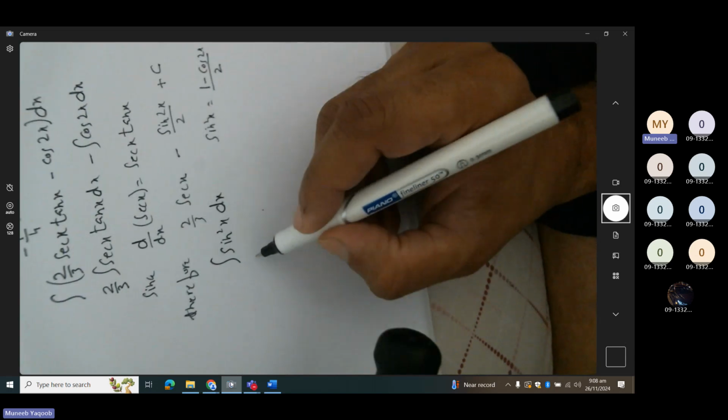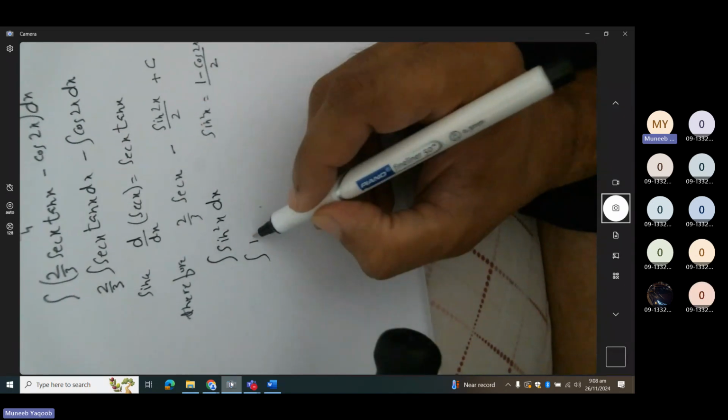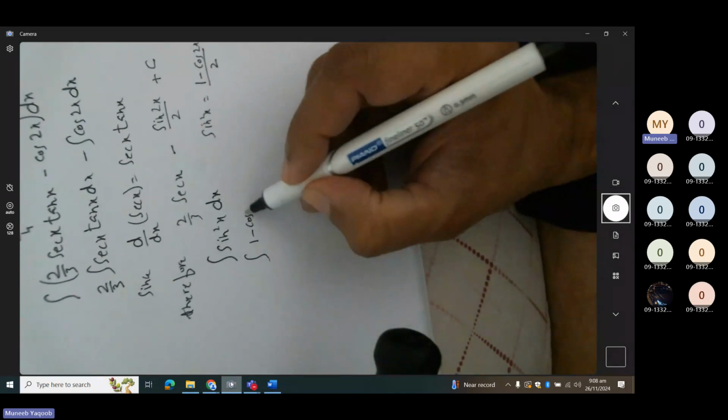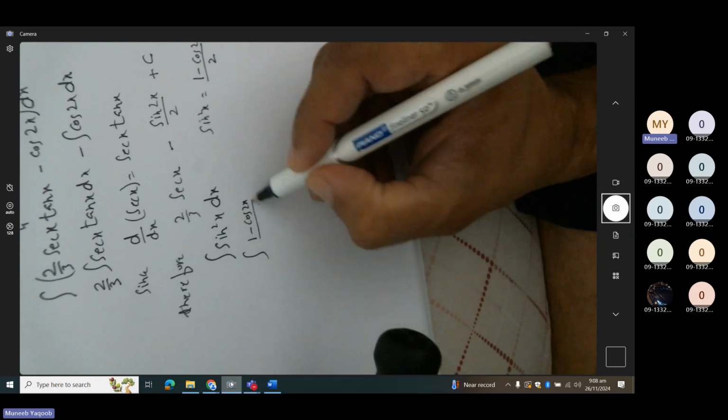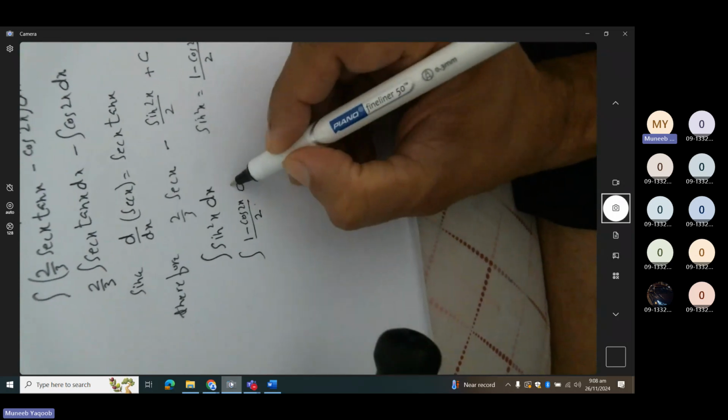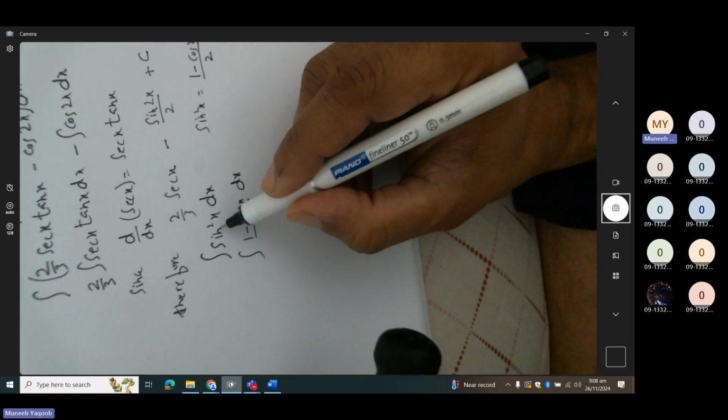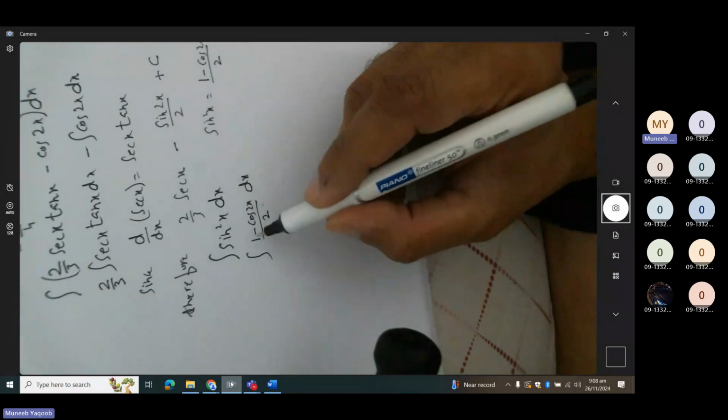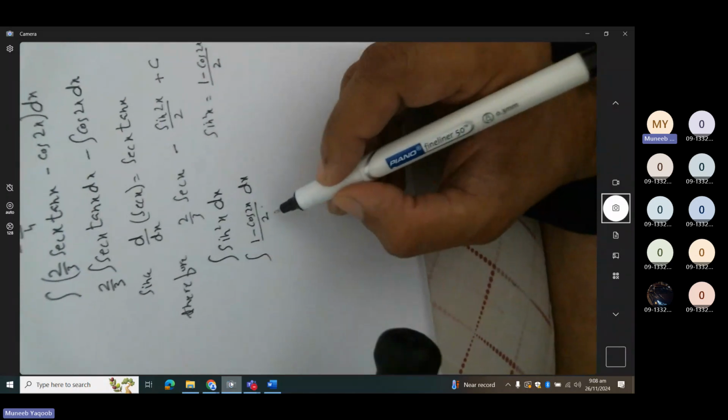So in place of sine square x, we will write 1 minus cos 2x whole divided by 2 dx.